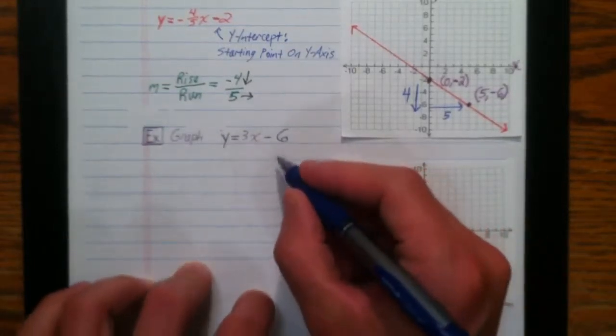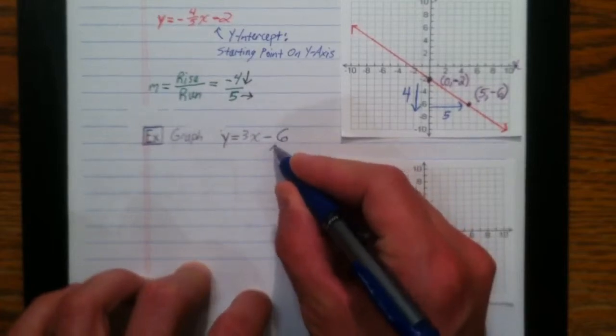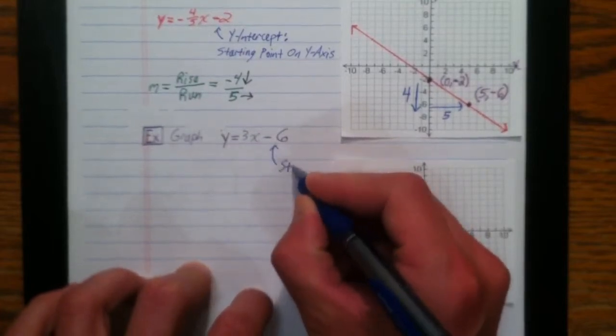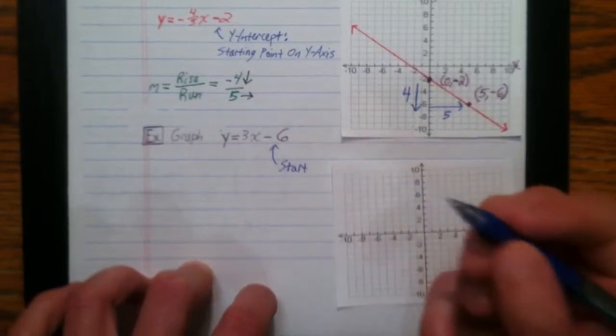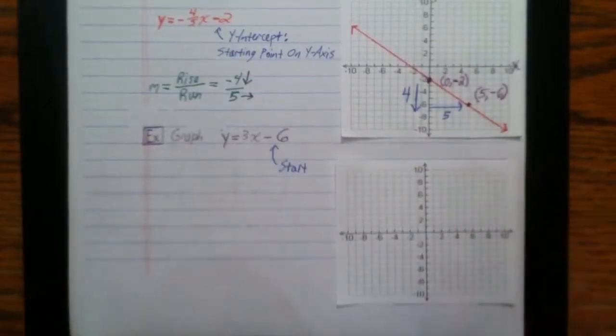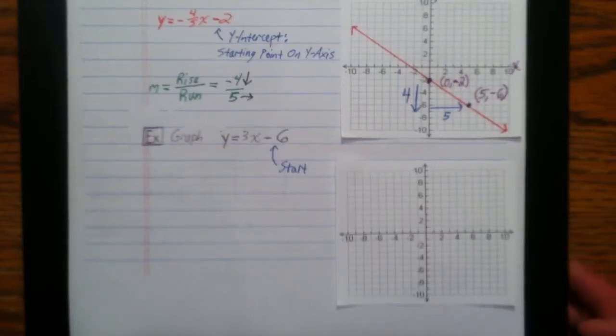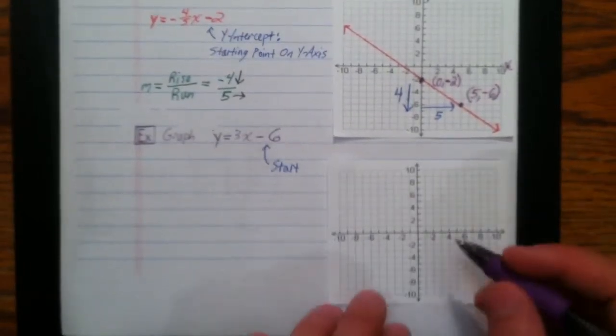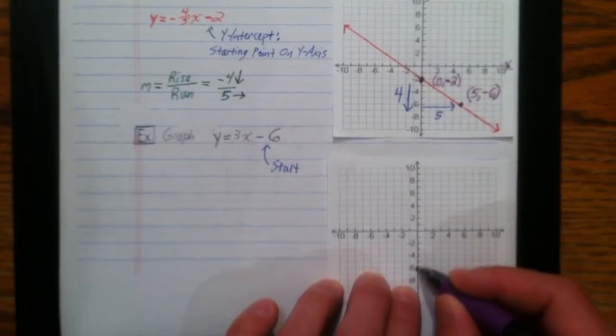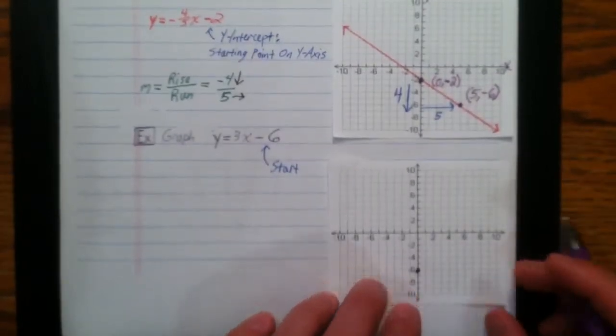So in our equation here, negative 6. This is where we're going to start. So we'll go to our graph, our coordinate grid, and let's start with the point 0, negative 6. That would be down here at negative 6 on our y-axis.